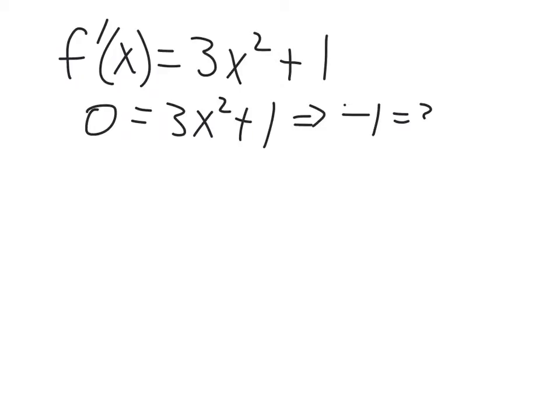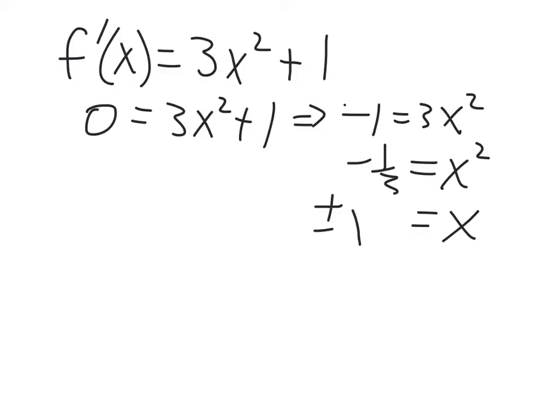We can subtract 1 from both sides, divide by 3. x then would be plus or minus the square root of negative 1/3. Is that a real number? No. The square root of a negative would give us i times the square root of 1/3, or square root of 1 over square root of 3. We'll just put it that way since I'm running out of room.